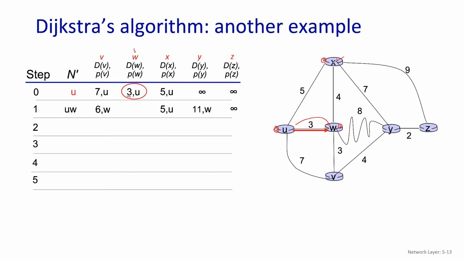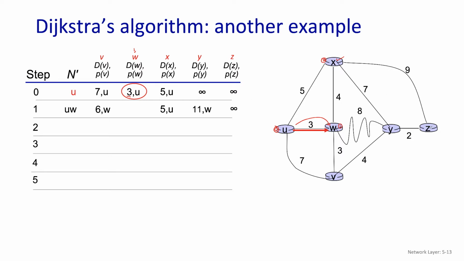I can go from X to Y, which is 5 plus 7, which is going to be 12. As you can see here, you can arrive to Y with the cost of 12, but you already have the cost of 11 from U, W, Y, right? So you don't need to update it.